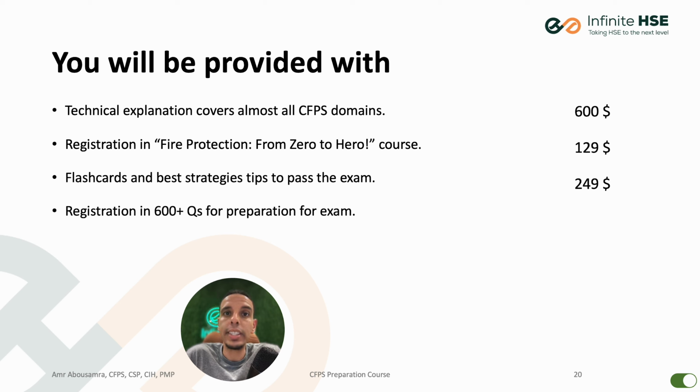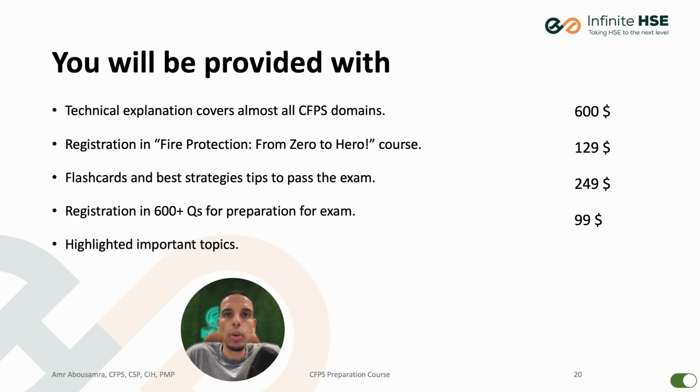This question bank separately you can buy for $99 US dollars, and you will get the highlighted important topics in the exam. As we discussed, not all the topics in the Fire Protection Handbook have the same importance in terms of the exam.